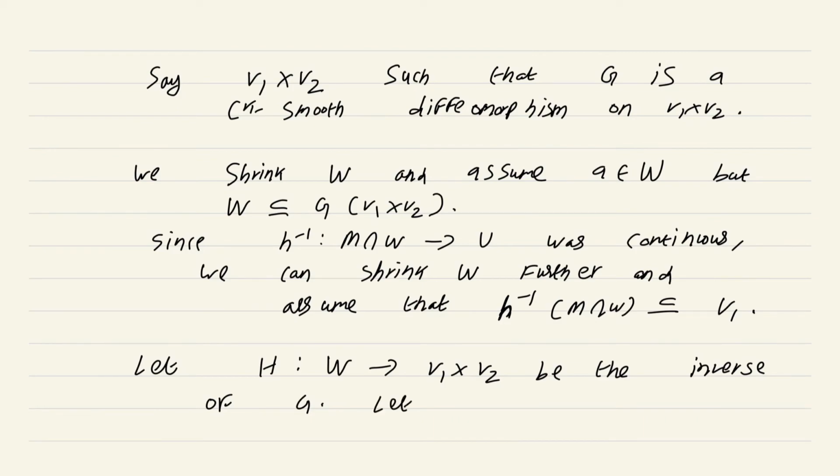Let G from W to V2 be its second component. That is, I'm writing H as two components, one that maps into V1, one that maps into V2. I'm just going to consider G to be the second component, the one that maps to V2.